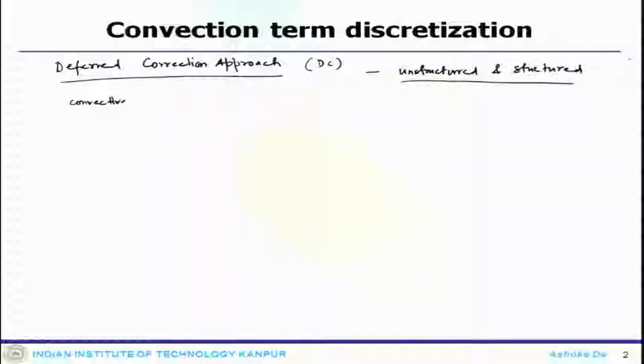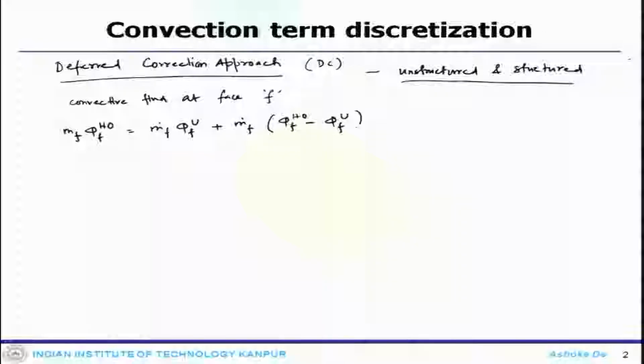So, the convective flux at face f is calculated using some sort of blending of the higher order resolution and the upwind resolution. The way it is formulated is that m dot f phi f at higher order is m dot f phi f from upwind plus m dot f times (phi f higher order minus phi f upwind).